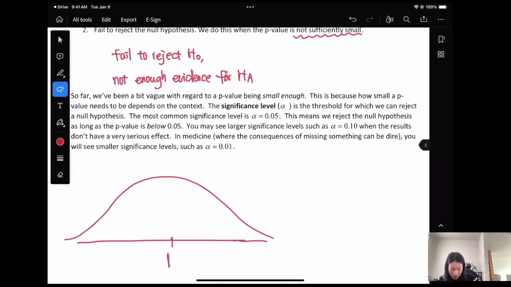So this is our null hypothesis, p hat, and this is what we're testing, what we got for the p-value. Let's say in this case we found our p-value is equal to 7%. That means this area is 7% of the total area. That is the probability.